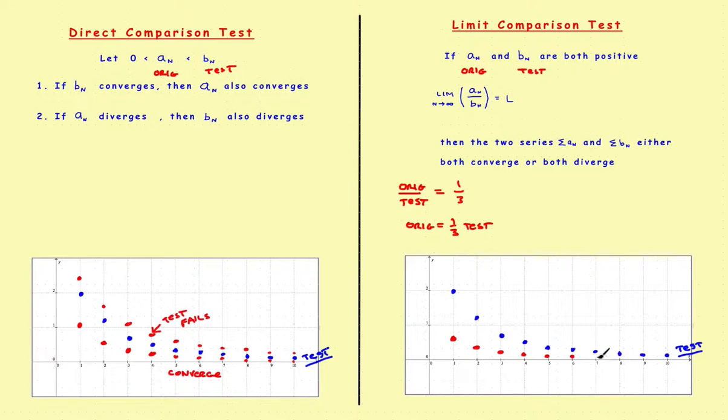So each point in the original sequence will turn out to be 1/3 as tall as the test one. If the ratio is 1/3, it means the original sequence is always 1/3 of the test sequence.